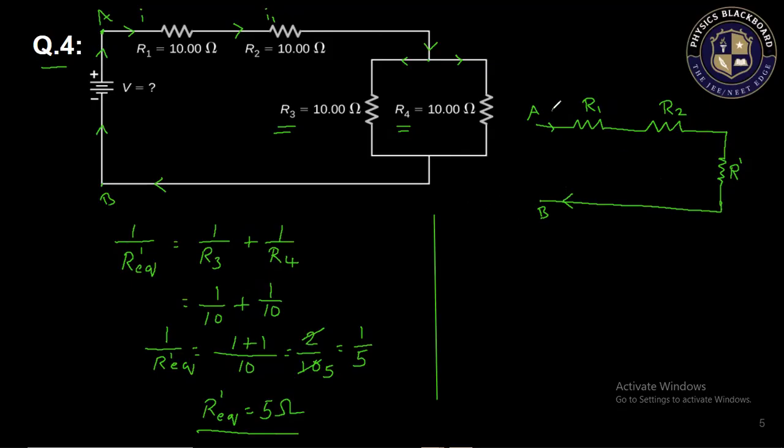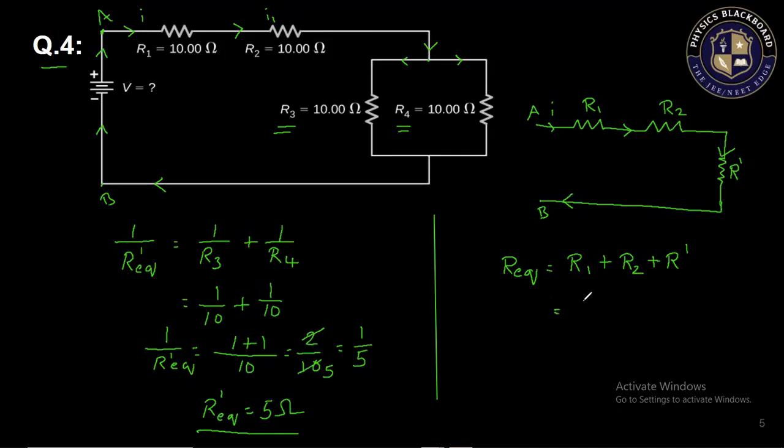Now, the current passing through R1 is the same current passing through R2 and through R dash, so the current is not dividing. I remains constant. So you can say that R1, R2, and R dash are in series connection. R equivalent can be taken as R1 plus R2 plus R dash.